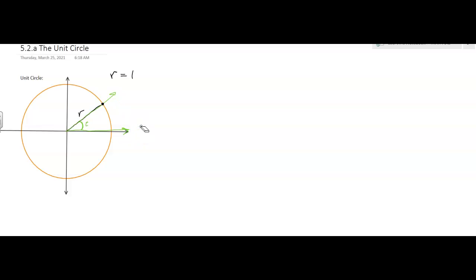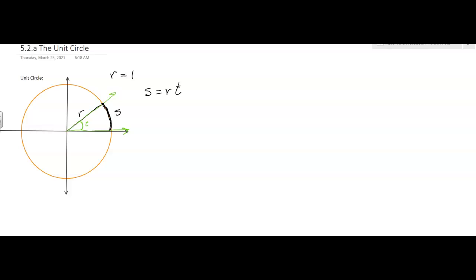Now, we know from other work that this part right here forms an arc. We'll call that arc S. And we know that if t is measured in radians, then S is equal to R times t.